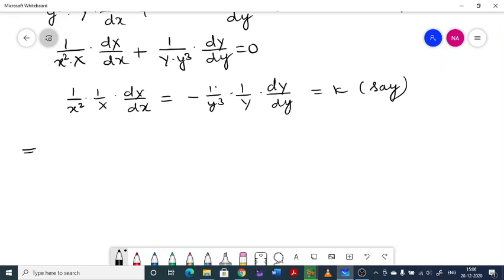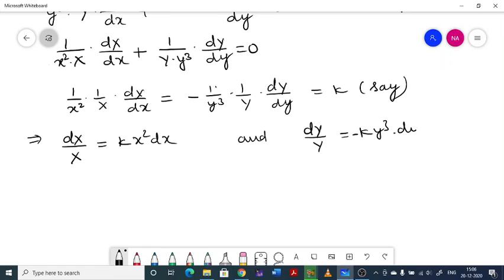Now from this you will be having d capital X by capital X equal to k x square dx and d capital Y by capital Y equal to minus k y cube dy.